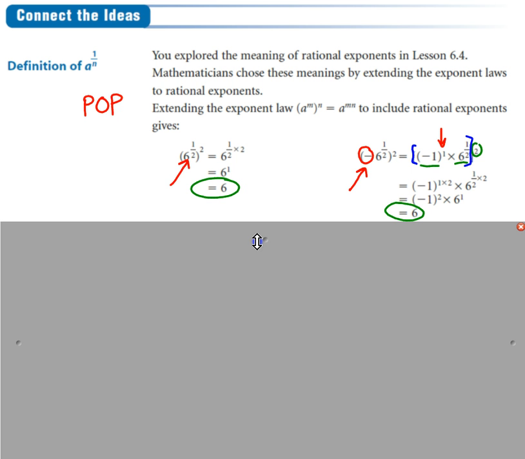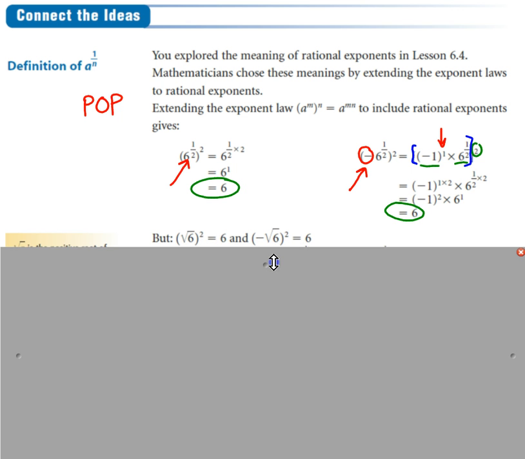So what that tells us is that in the next step, 2 possible values can be squared to give the same number. And that only happens when we're applying the root operation. So because the square root of 6, when we square that, we get back 6.